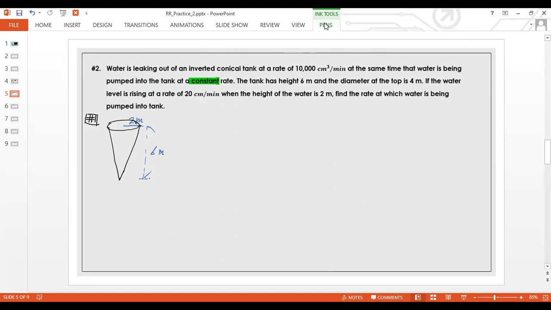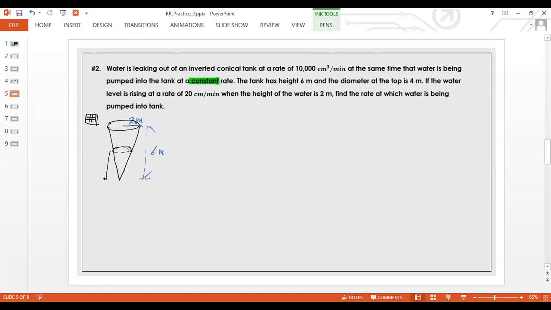Okay, so now the water coming in and going out is here, right? We said when the water level is rising at the rate of 20 centimeters per minute and the height is 2 meters. Okay, so now let's see here. If this is the water level here, right?